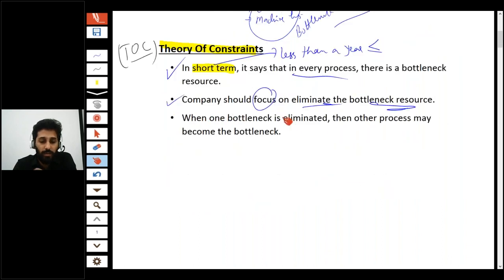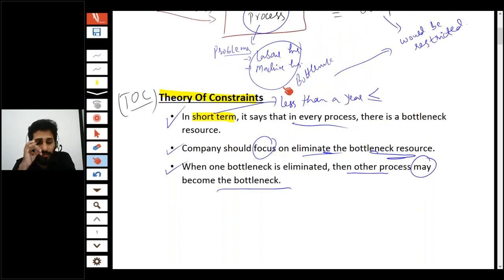It's not saying absolutely, it's saying may become the bottleneck. So this is the theory of constraints.